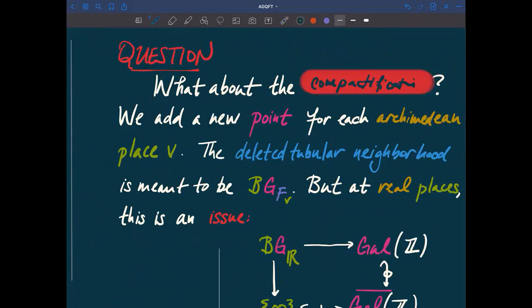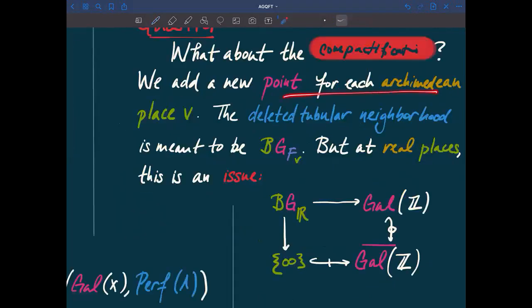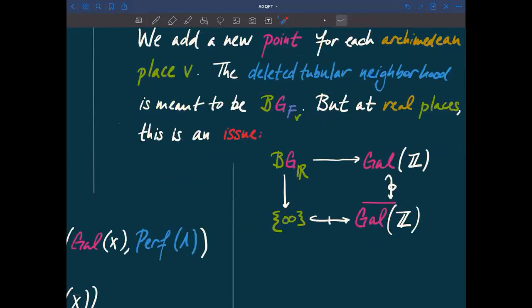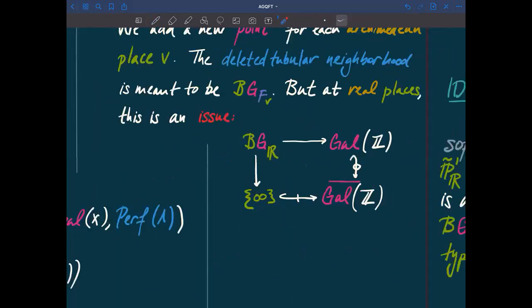So the idea in that compactification was that I was going to add a new point, which is a geometric point, for every Archimedean place v. I didn't have them in the scheme, so I have to introduce them now. And the deleted tubular neighborhood is supposed to be the classifying space of the absolute Galois group of the completion of my number field at v. But I want to make the point that at real places, this is perhaps not the best idea.